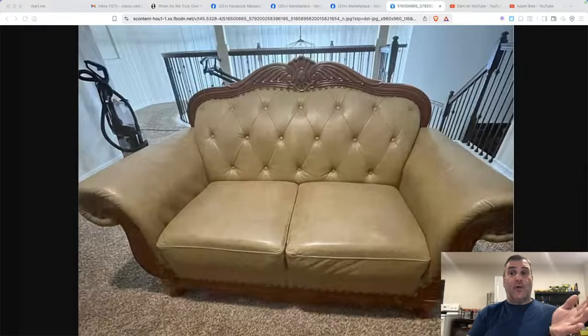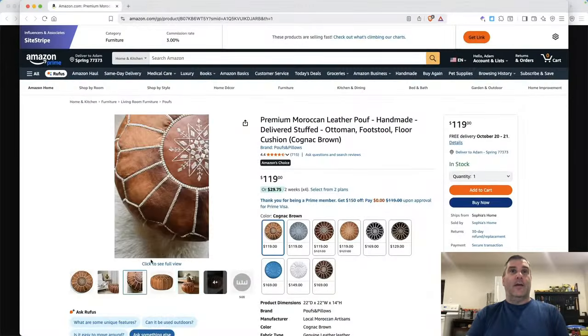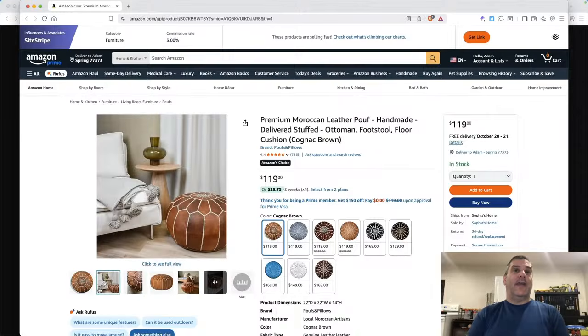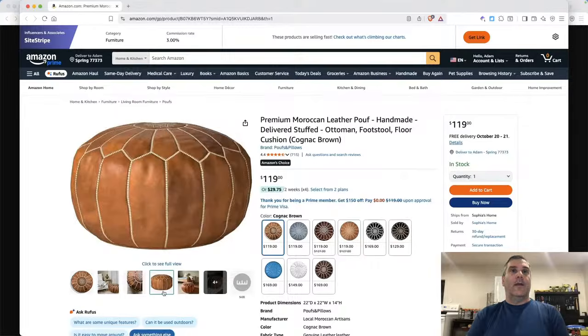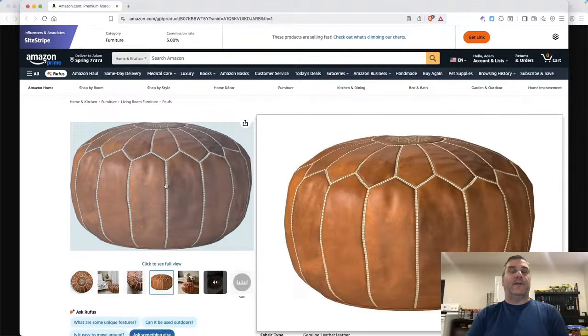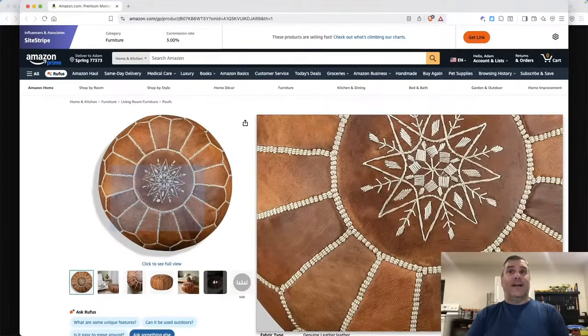I used to have two of these Moroccan leather poofs for footstools on an old couch at my old home before the FBI came. My landlord actually kept them as part of our thing. But you can get these things. They come either stuffed or not stuffed. And they don't take a whole lot of stuff to stuff them yourself. This particular one, I think this looks identical to the one that I had.